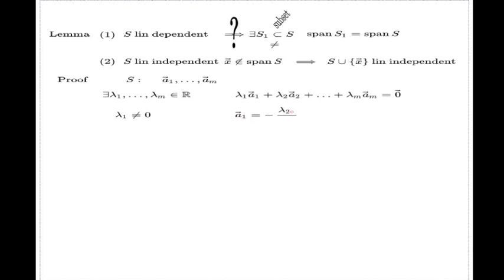All of the other vectors will go on the right-hand side, and then I'll divide by lambda 1, and the result will look like this. That would be the coefficient next to the A2 vector: this lambda 2 with a negative, because it went to the other side, divided by lambda 1. And for instance, the coefficient here will be like this. It's a negative because this term went on the other side and was divided by lambda 1. Good.